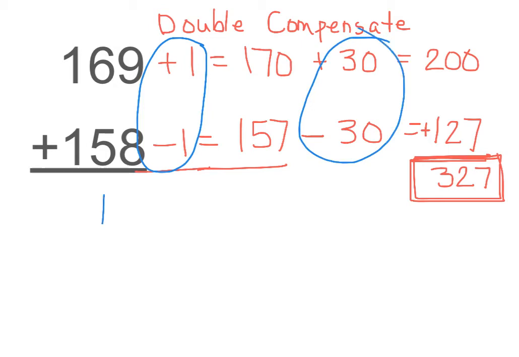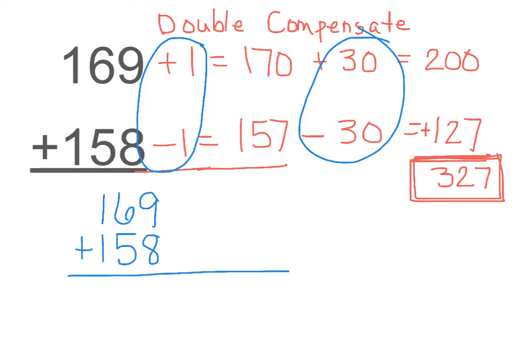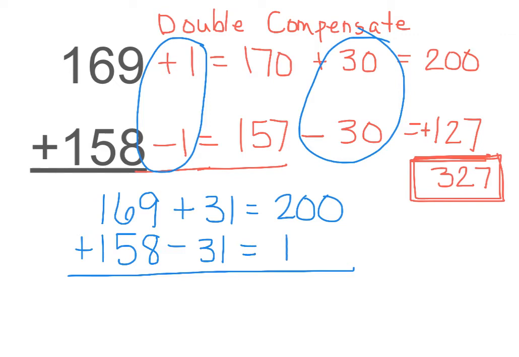Now, if you are really good at partners, you could just go straight to your partner to 100. So 169 plus 31 equals 200. And 158 minus 31 equals 127.